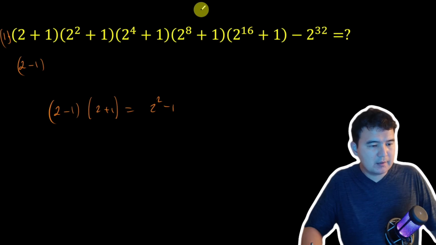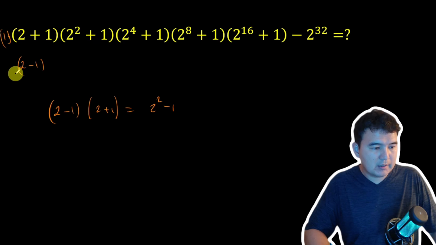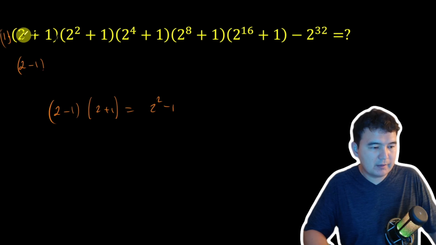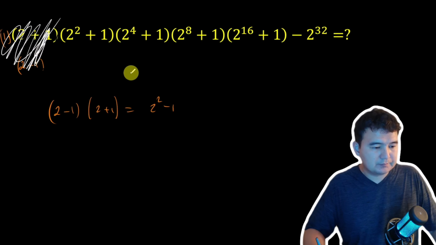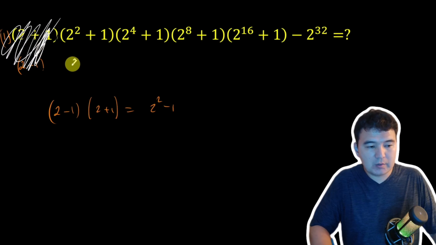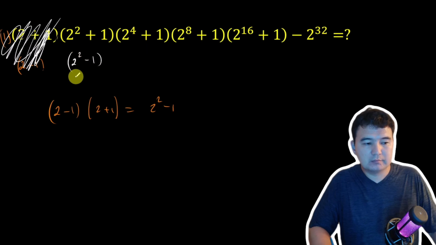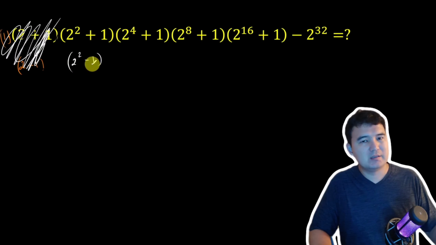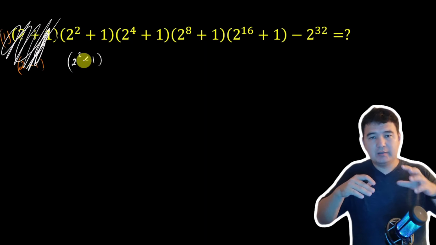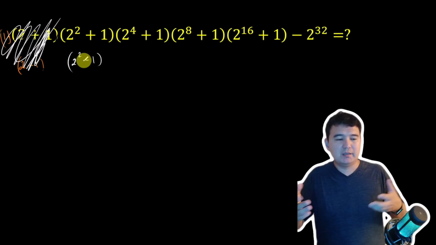So which means the product here, I can erase everything. Instead of what we had here, I will write 2 square minus 1 square. That's true because 2 plus 1 was 3, and 2 square minus 1 is also 3. We are just rewriting the same number 3 in a different form.